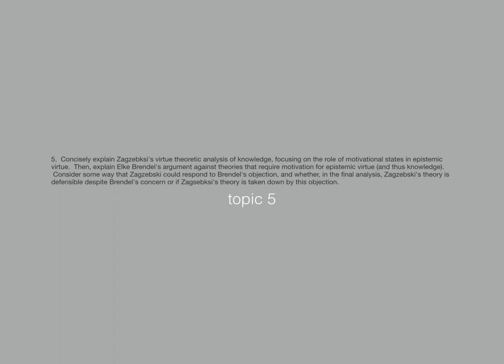So one thing to do is to promote the possible advantages of Zagzebski's theory before launching into the objection, because we could say, wow, this theory looks promising to the extent that she claims it can solve the Gettier problem and the value problem, and that would be pretty cool. That would be a successful epistemic theory if it turns out to be adequate overall.